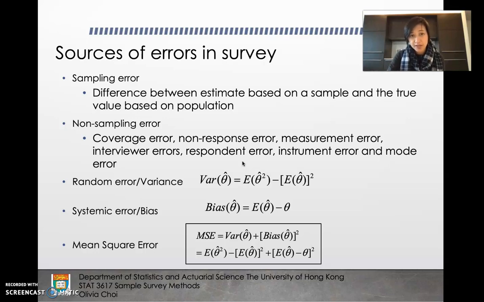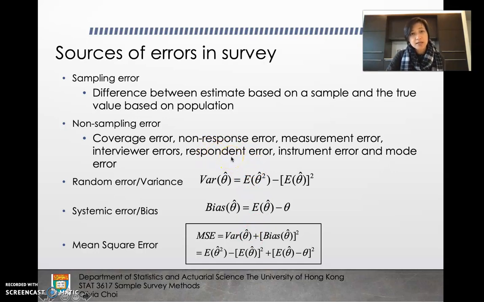If we give good training to the interviewer, then they could ask better questions or describe things more truthfully, right? So that reduces the interviewer errors. Respondent error, on the other side, occurs if the interviewee did not answer the questionnaire truthfully, and then likely that would be a very high respondent error.